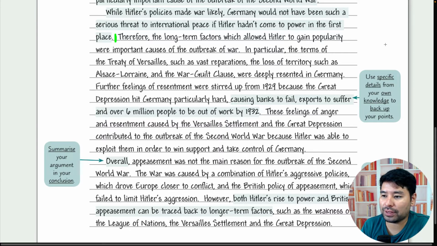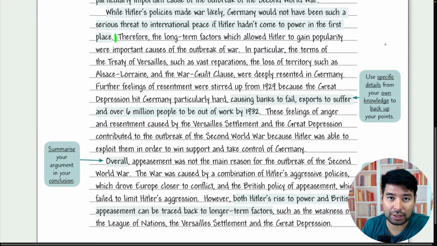Further feelings of resentment were stirred up from 1929 because the Great Depression hit Germany particularly hard. Remember the Great Depression, the economic crisis, right? Causing banks to fail, exports to suffer, and over 6 million people to be out of work by 1932.